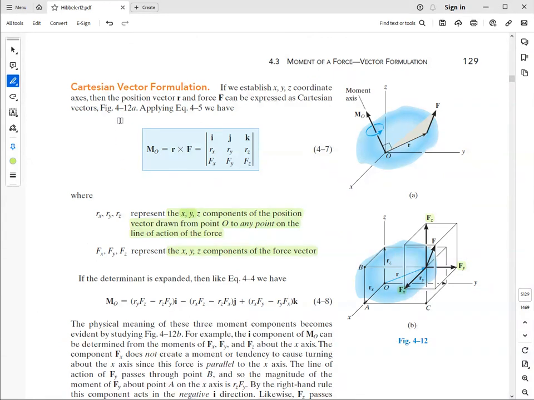Okay, so Cartesian vector formulation of a cross product using determinants. Looking at this figure, it shows a force, and we have its Fx, Fy, Fz components. And then we position a point on the line of action of the force with Rx, Ry, Rz.